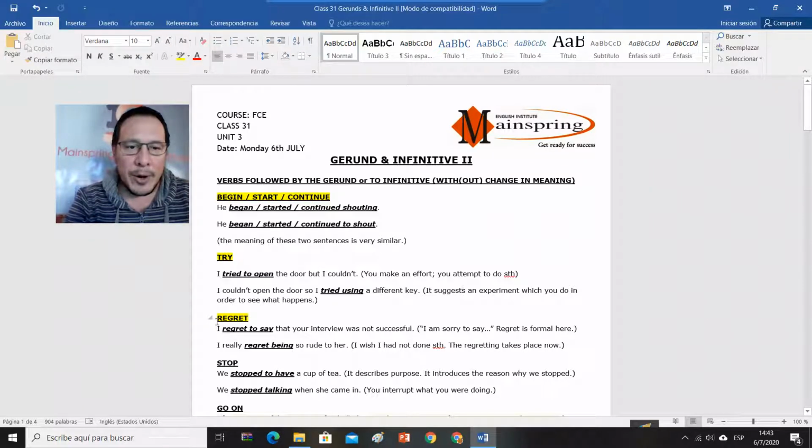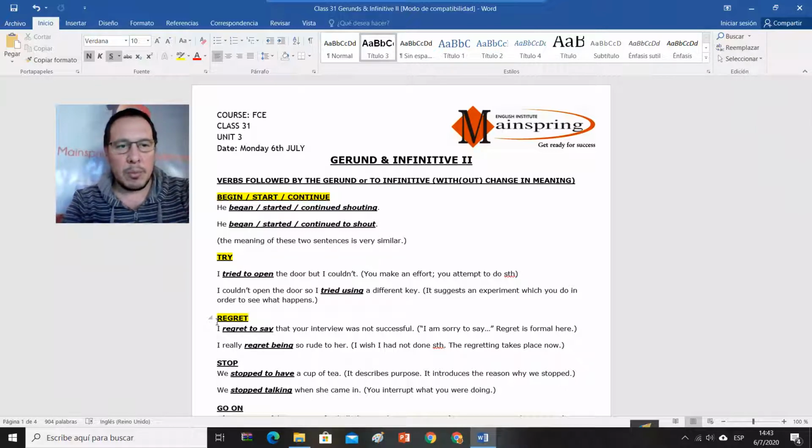Then we have regret. Regret again will mean something different whether we use it with the gerund or with the infinitive. Look at the examples here. I regret to say that your interview was not successful. In this case, regret to say is very similar to I am sorry to say. Regret in this case is formal here.